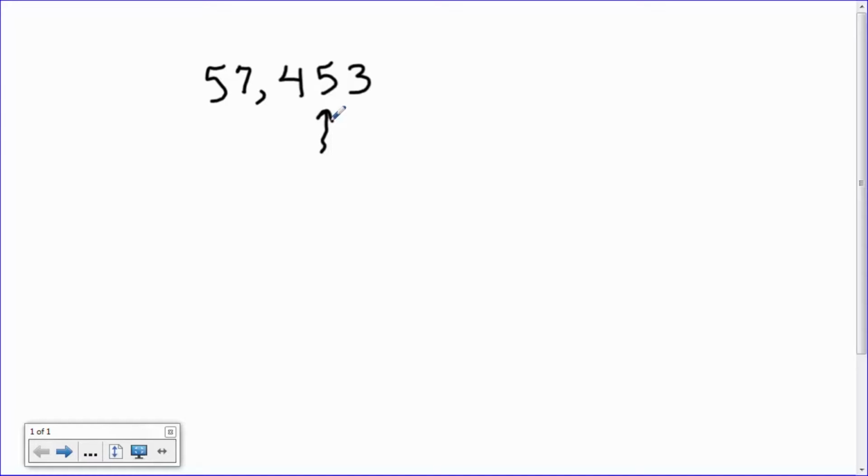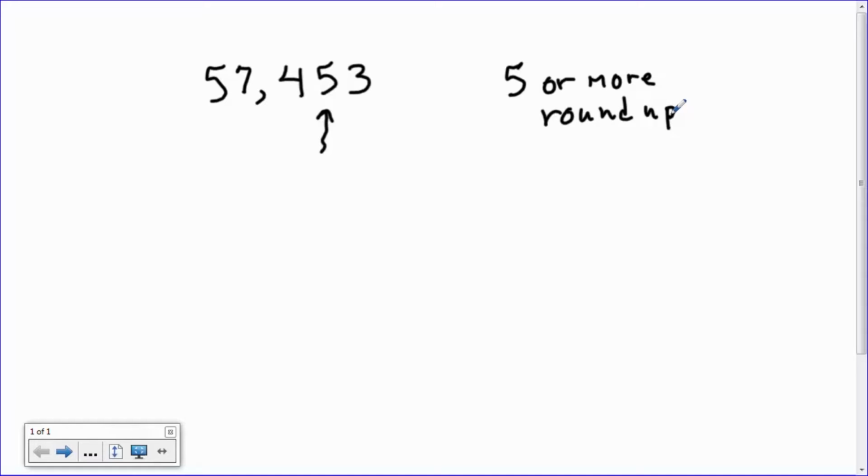Well, recall from the public schools that what you did was look immediately to the right of that digit 5, and in this case it's a 3, and we decided that if it's 5 or more, we round up, and we round up by changing the 3 to a 0 and increasing the 5 to a 6.